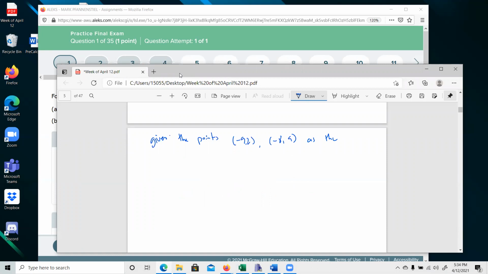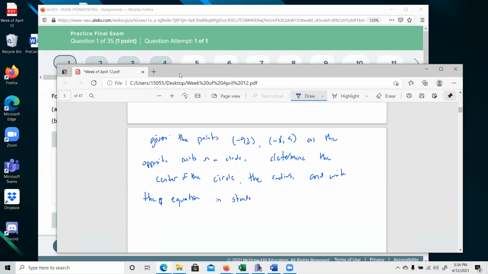As the opposite points on a circle, determine the center of the circle, the radius, and write the equation in standard form.